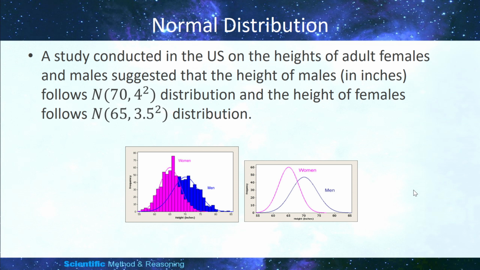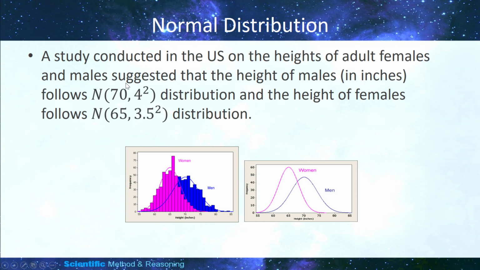Okay, so what is the use of the normal distribution? Remember that in the scientific method, in mathematical modeling, we mentioned the spherical cow. We make some simple assumptions so that the analysis can be made simple.